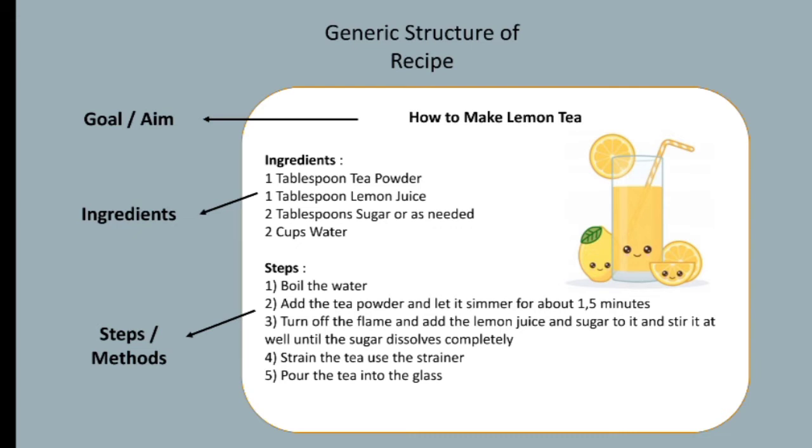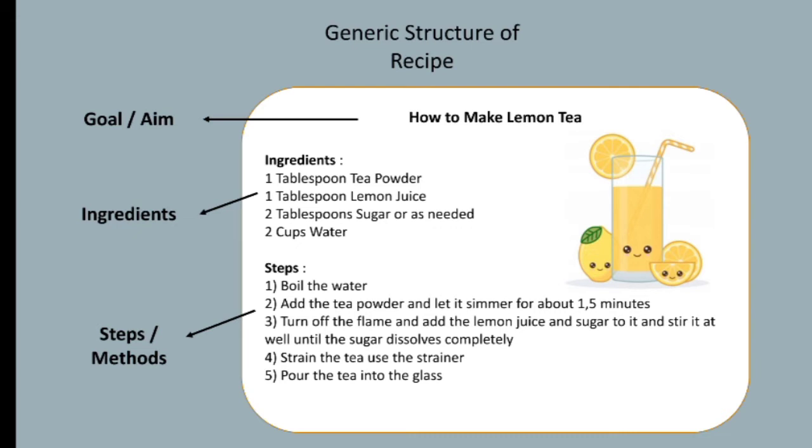Okay, and now we have the generic structure of recipe. There are 3 generic structures, and the first one is the goal or aim. Goal or aim is the purpose of the procedure text. Goal or aim is how to make a lemon tea.